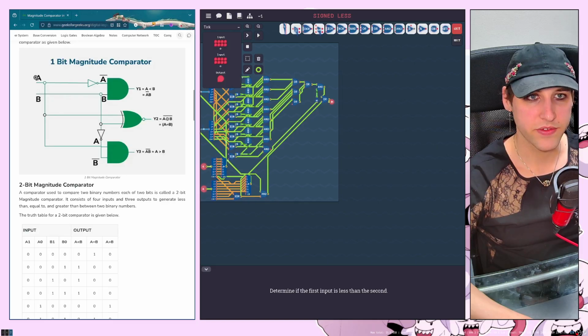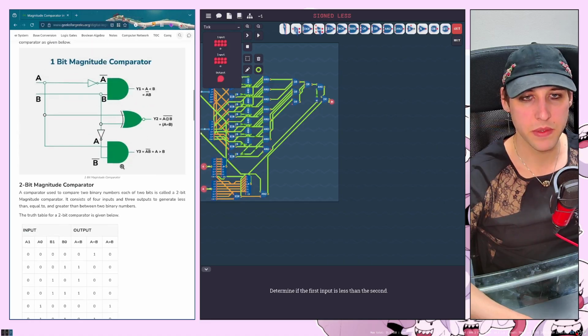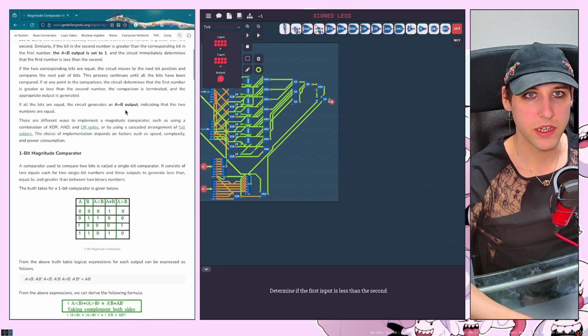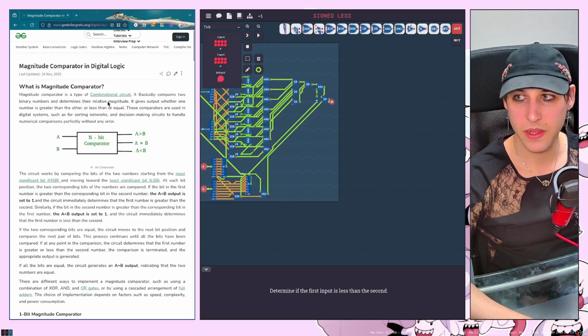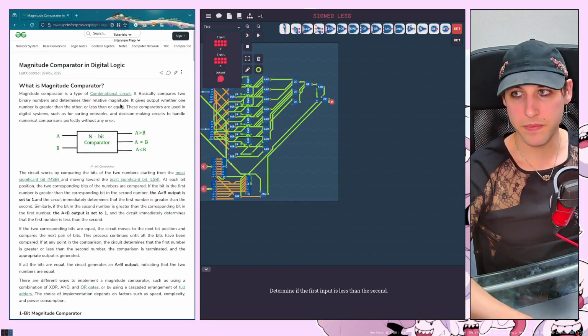And in case it's not B but A, we then know that A is the greater one. So this is 1-bit. We can have a look at this website, and it can be a very valuable resource, in my opinion.